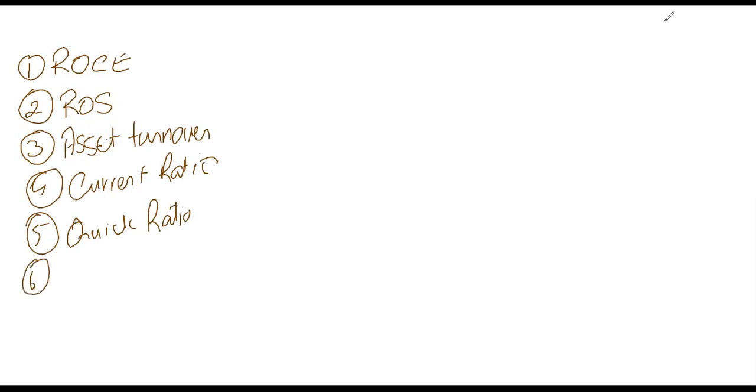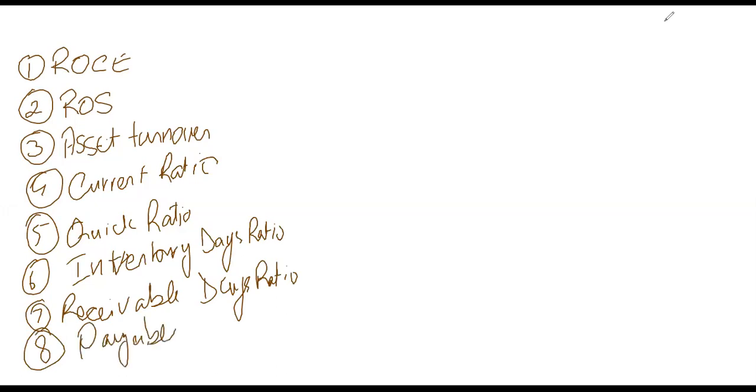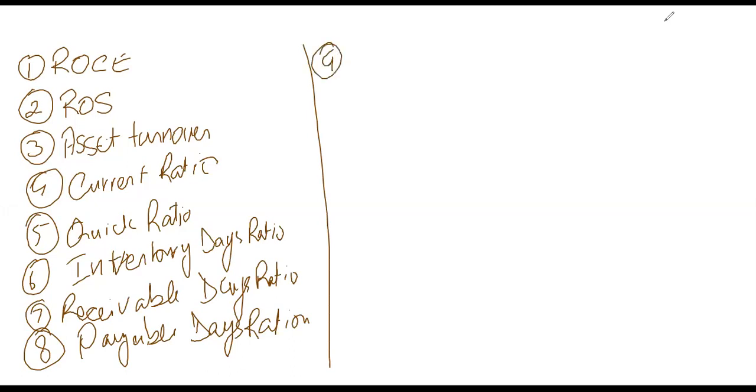Sixth ratio that we had seen up till now is inventory days ratio, then receivable days ratio, then payable days ratio, and last but not the least, capital gearing ratio.